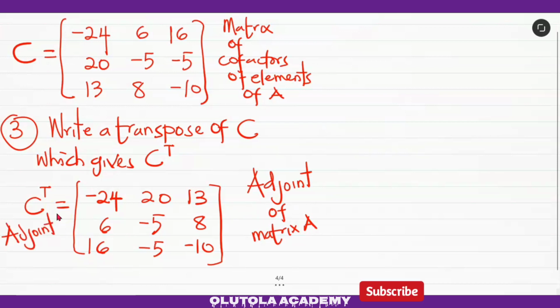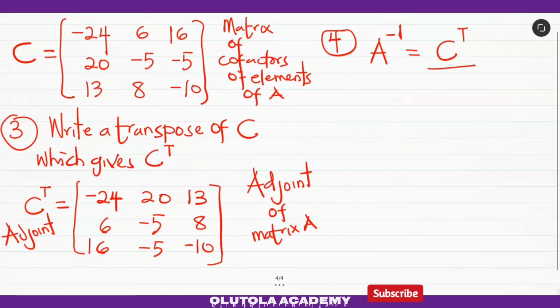So now to find the inverse of the matrix, that's step 4 now. The inverse of matrix A is always written in this form: A inverse equals CT, that's the transpose, which is also the adjoint, over the determinant. So I will write this now.